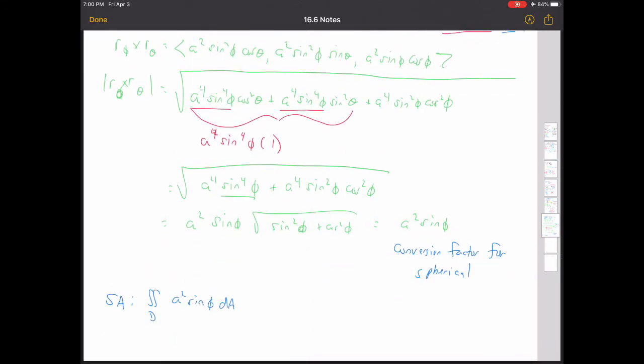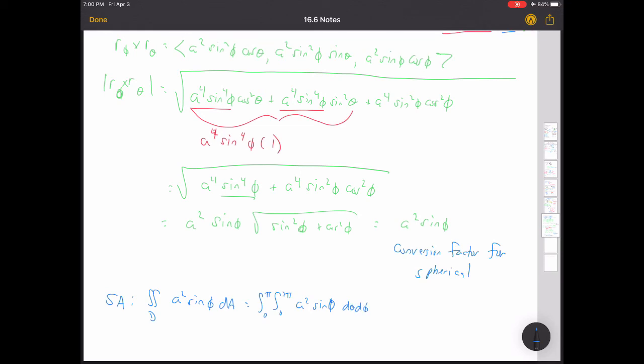I can still get this in here. So this is going to be the double integral. Phi goes from 0 to pi, because it is a sphere. Theta goes from 0 to 2 pi of a squared sine phi d theta d phi.